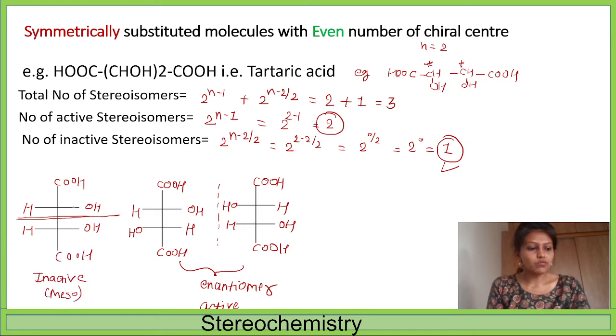Okay, now suppose we assign the R/S configuration. Suppose this is 1 number, 2 number, 3 and 4, right? So 2 number and 3 number are chiral centers. So suppose I find the R/S nomenclature.